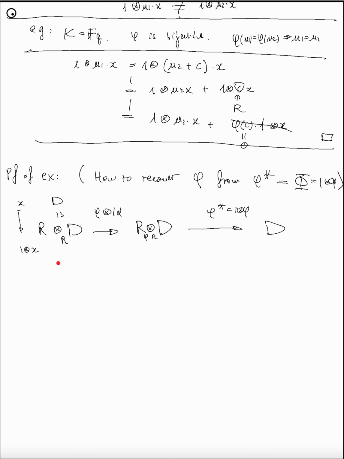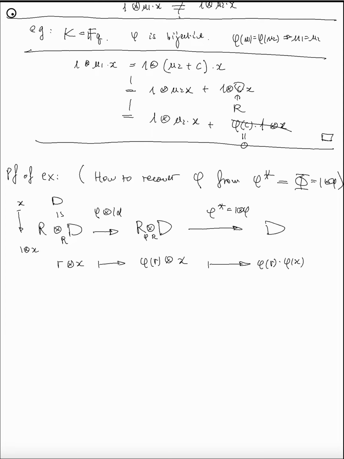Let's just describe it on an elementary tensor, that's enough. So r tensor x is mapped to Frobenius of r tensor x, and then through our linearization map here, this gives you phi(r) and then phi(x).